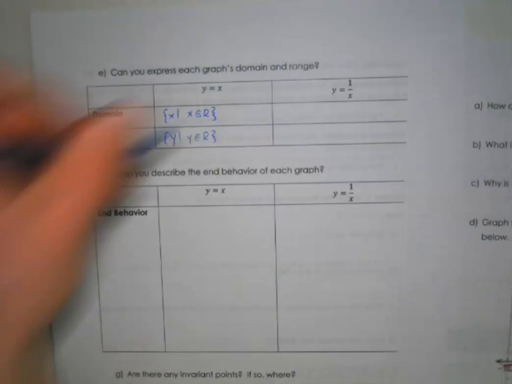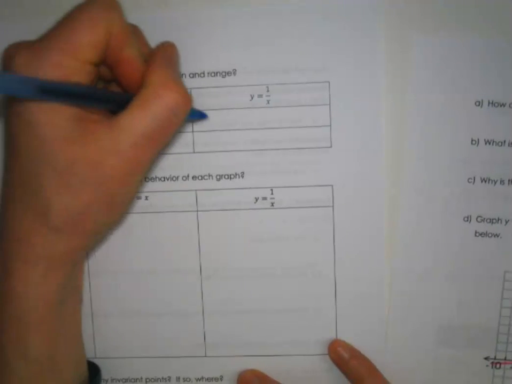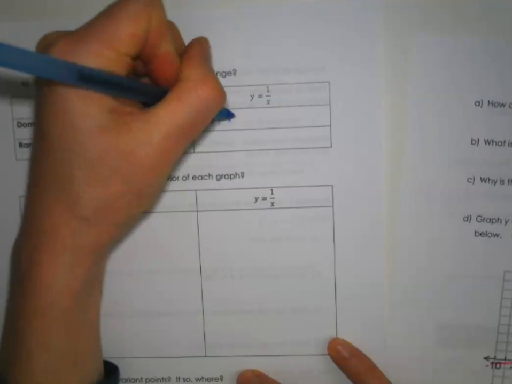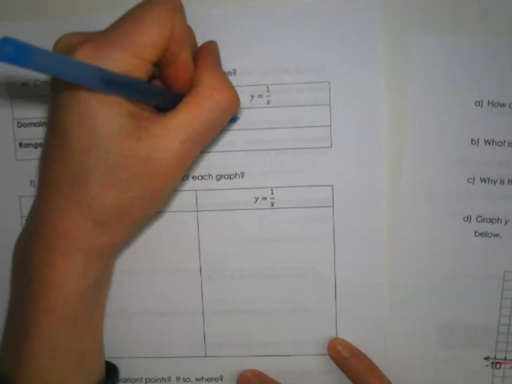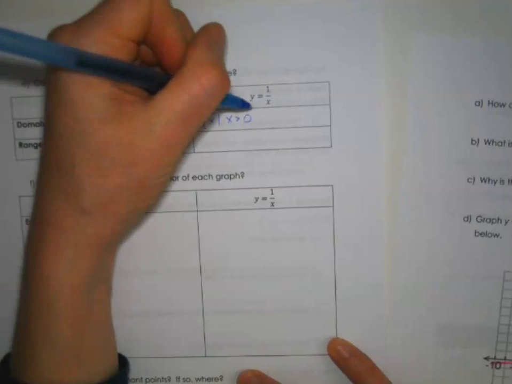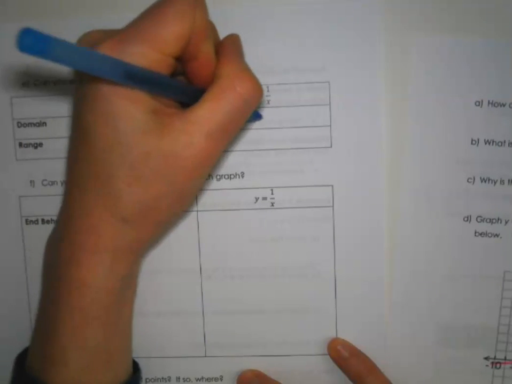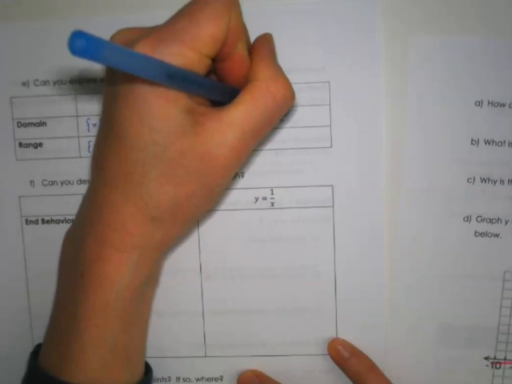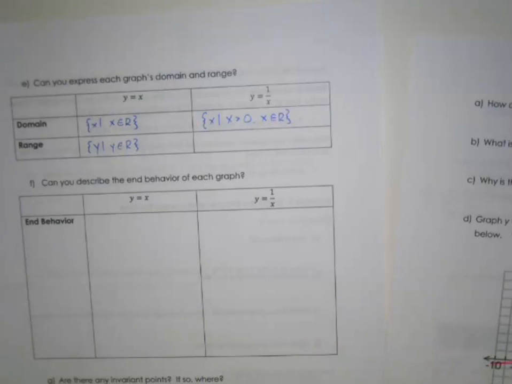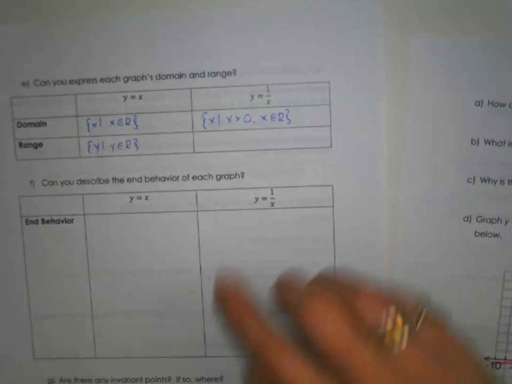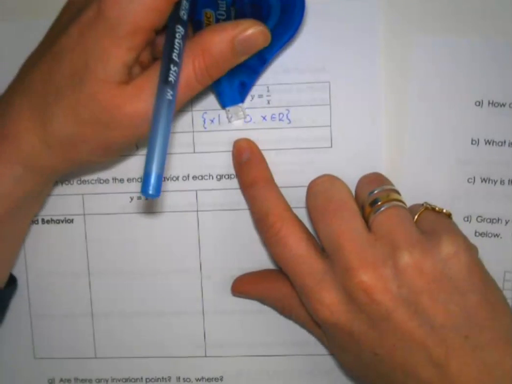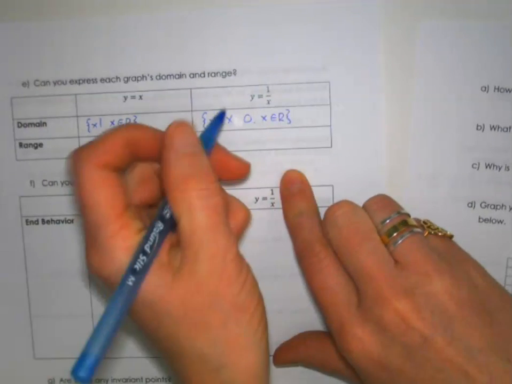So when we write that as a domain, we're just going to say x has to be greater than 0 and x equals all real numbers. The other way, actually, you know what? We shouldn't say greater than, because x can be a negative value. So what we want to say instead is x just cannot equal 0.